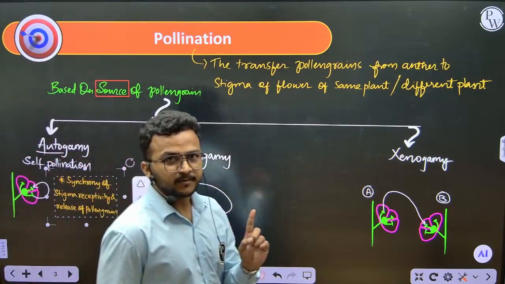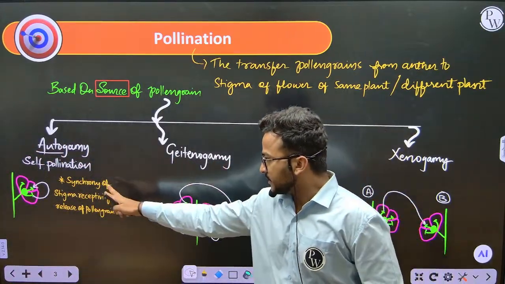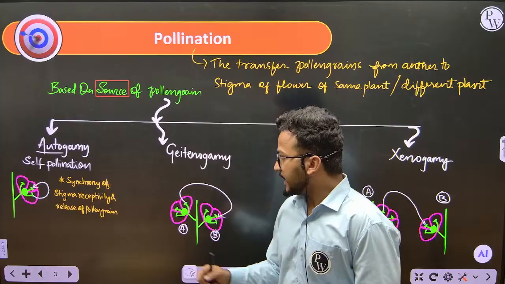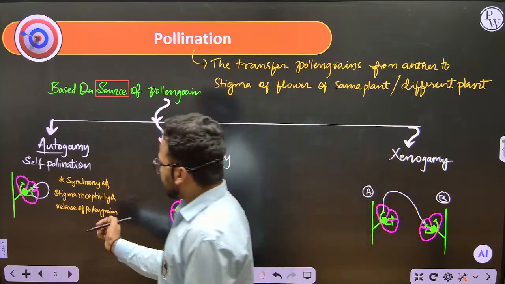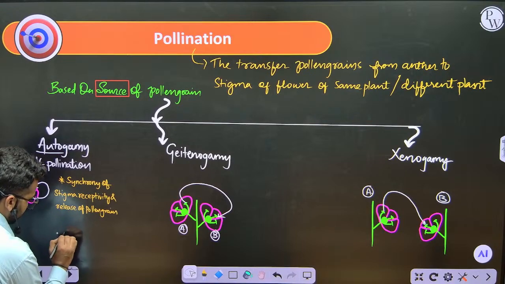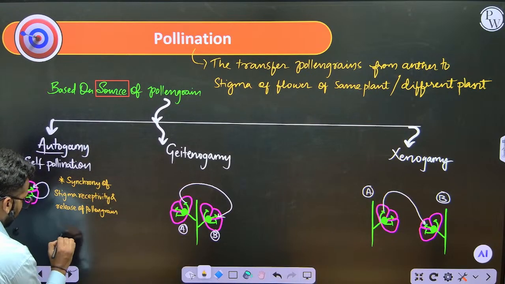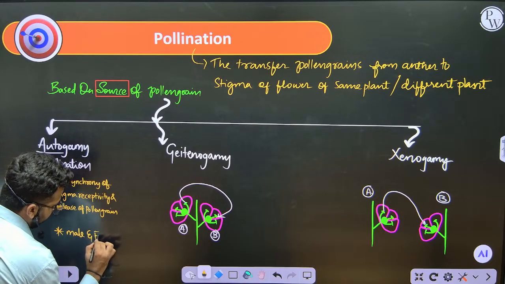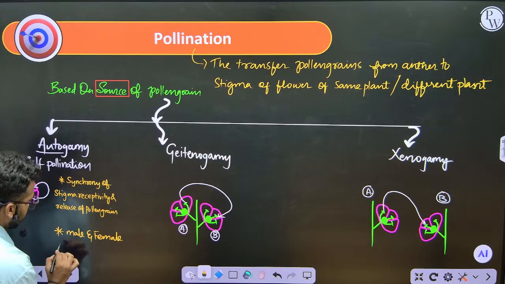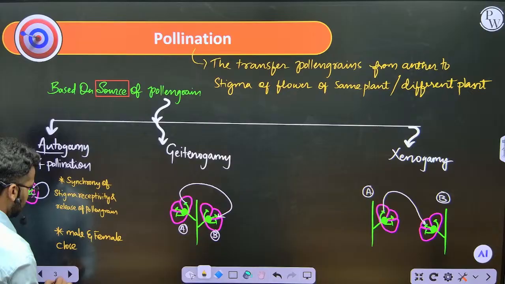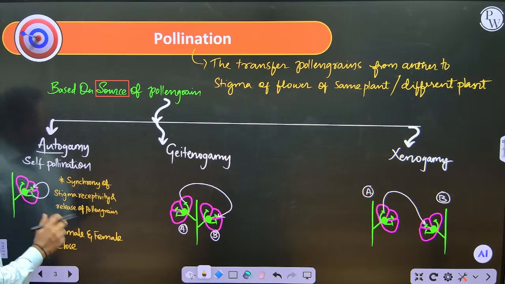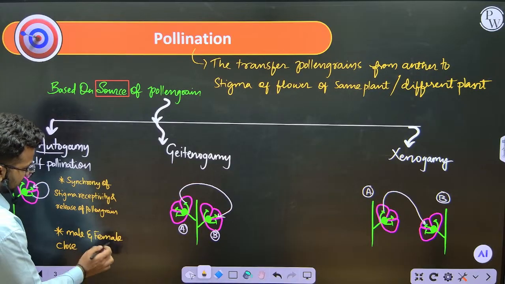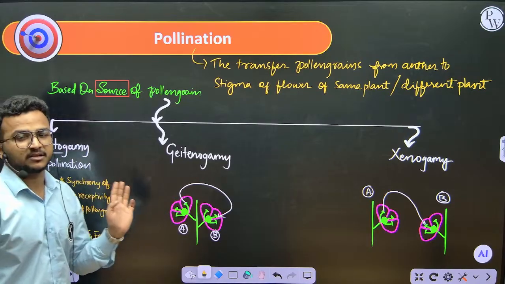Stigma means the female reproductive structure. That is one condition to undergo self pollination. And both the anther and stigma should be close together, male and female reproductive structures. There should not be any barrier in between them, and they should be present close together. That is the other condition required for self pollination.